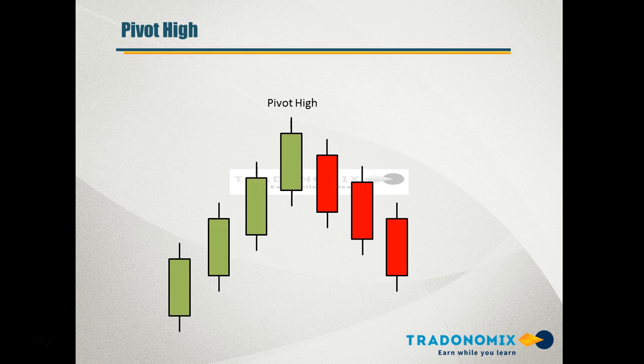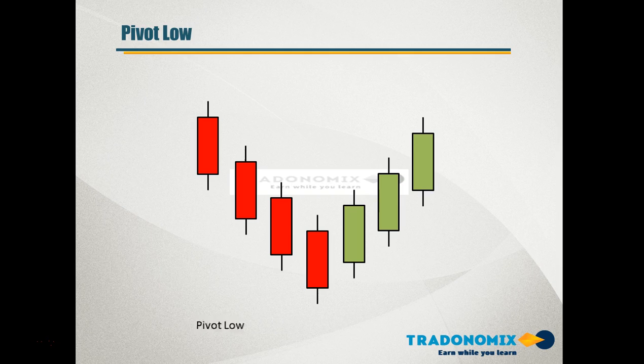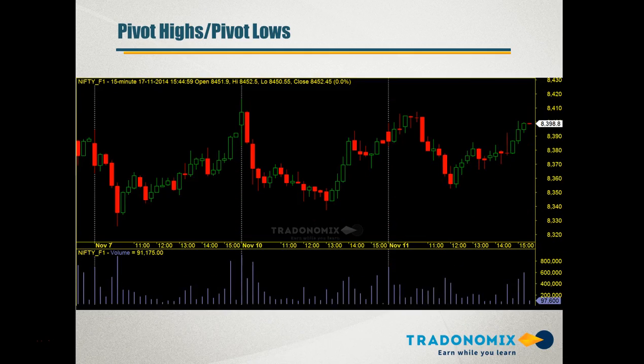A rally meeting the decline is a pivot high, while a decline meeting the rally is called a pivot low. Quick example: a decline meeting a rally is a pivot low. Again, a rally meeting a decline is a pivot high. A decline meeting a rally is a pivot low, and so on.